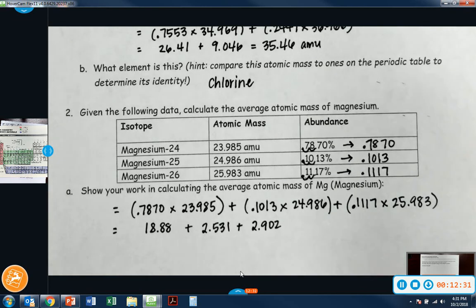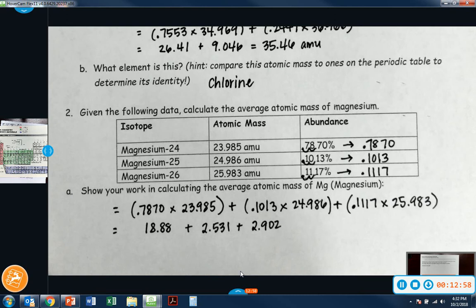Now you're probably going to ask, well, Miss, do we really have to do it one by one? Well, the answer is no. If you want, you can put this whole thing into your calculator if you're confident enough with your calculator skills. But I always like to be sure, so I'm going to multiply each isotope by itself, and then in the end add them all up.